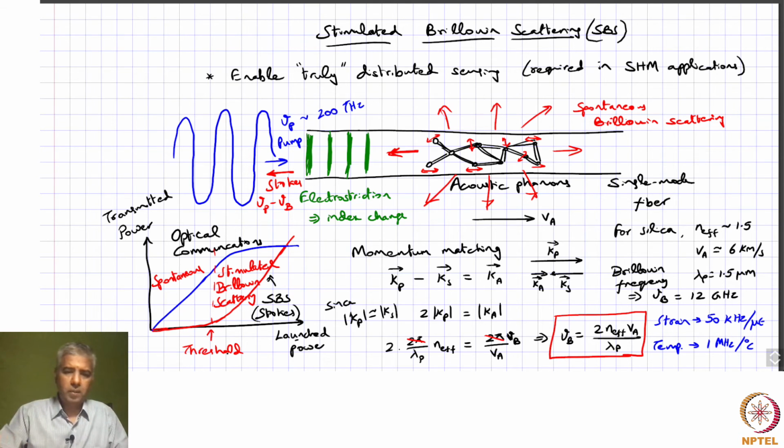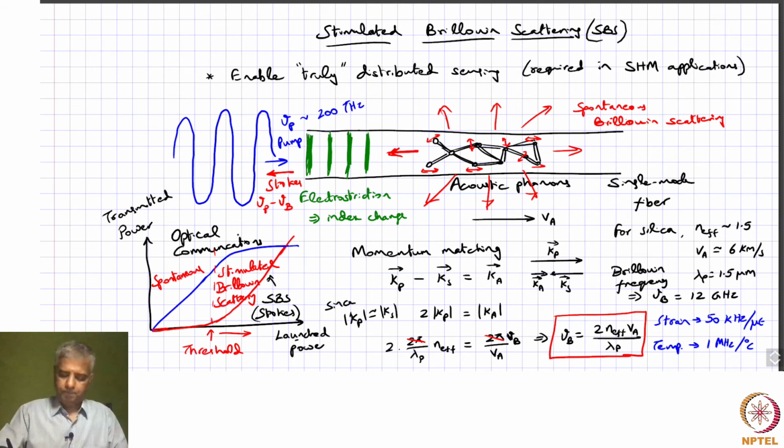But nevertheless, I talked about communication applications and needing to be able to push more power into the fiber. The way you can possibly do that is, instead of going in with a narrow, monochromatic source like this, you slightly chirp that frequency, you make it slightly broader so that this threshold can move out to higher power levels, and if that's the case, then the launch power can go up even further.